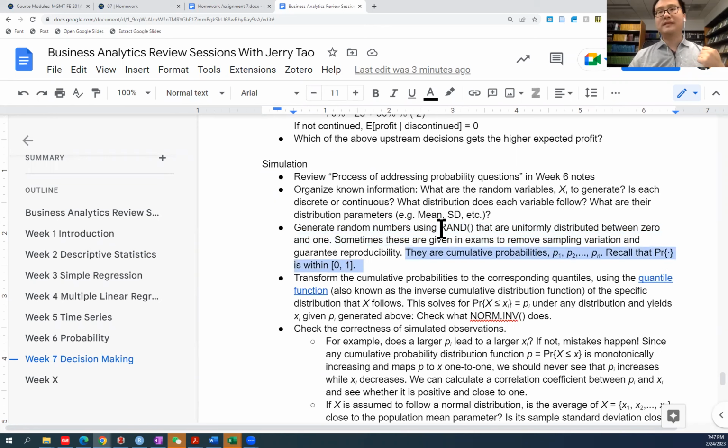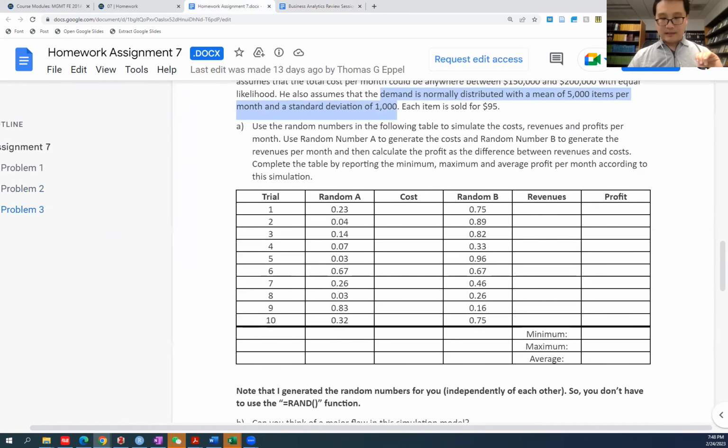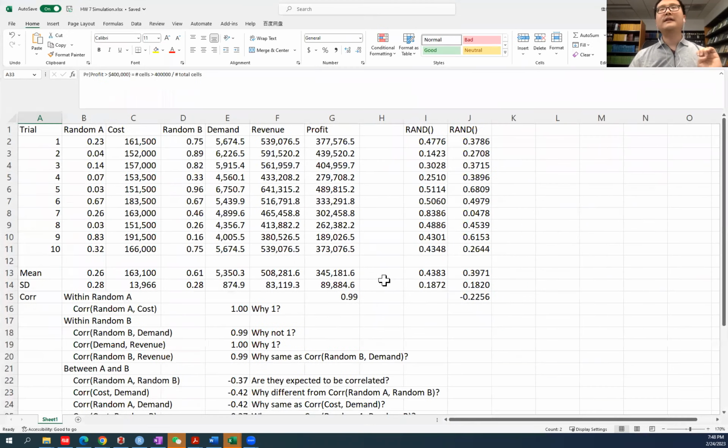Because this random number generator gives exactly a random number between 0 and 1, that's why we use it to yield all these cumulative probabilities. In our case, to guarantee reproducibility, we are already given these random numbers. But let's see how you could actually do it yourself. In other cases where you're not given random numbers, you can simply use this random number generator.